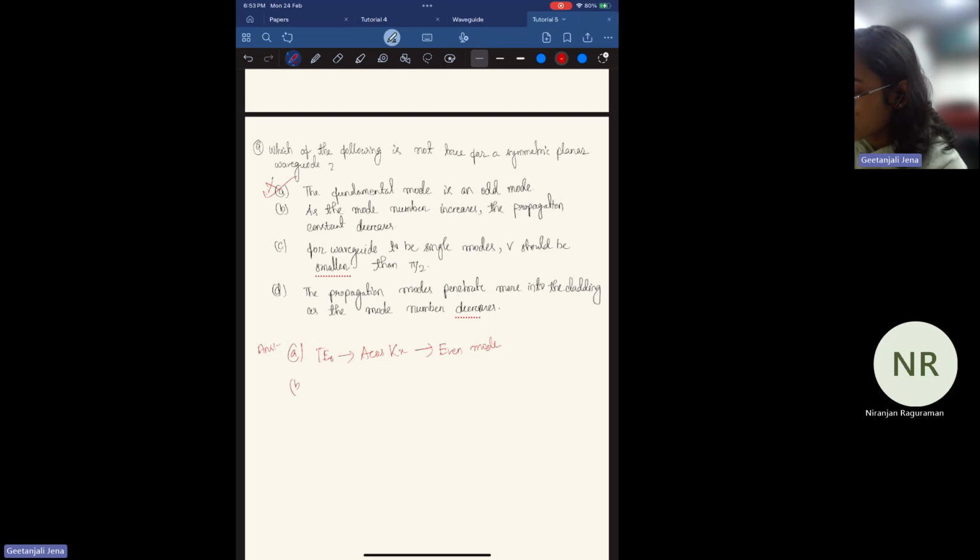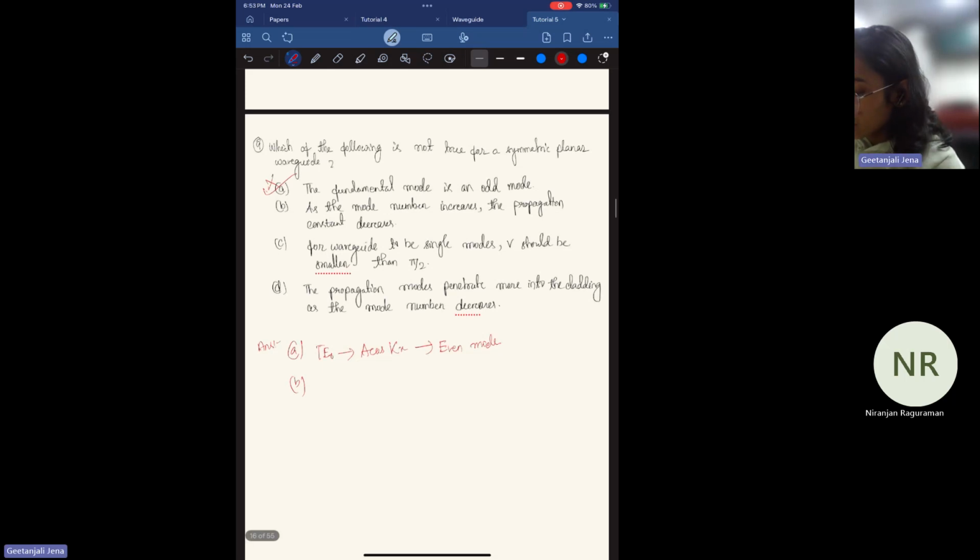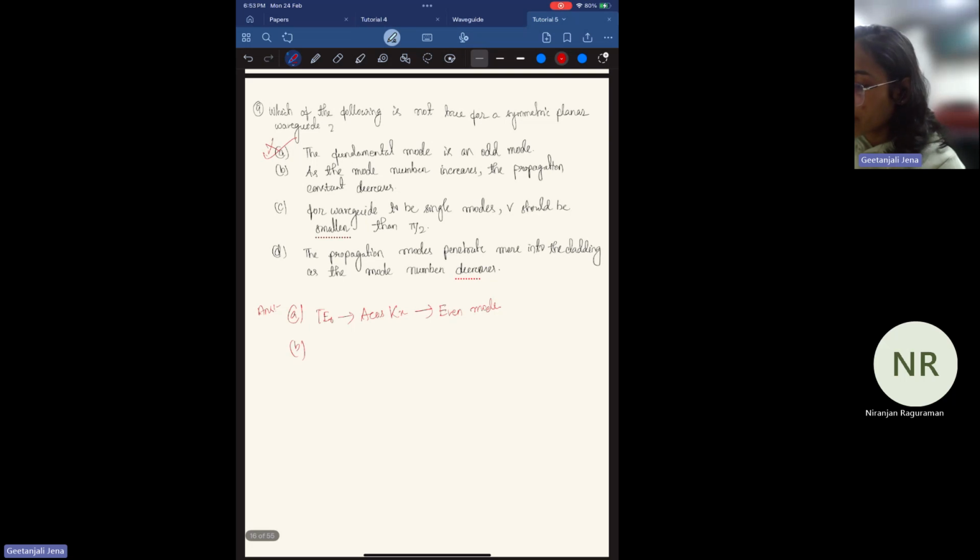And second is, as the mode number increases, the propagation constant decreases. So if you recall, what is the relation between mode number and propagation constant? We can get this by looking at the graph between theta and zeta. This graph gives what the allowed solutions are, how the zeta value varies, how the V value varies.